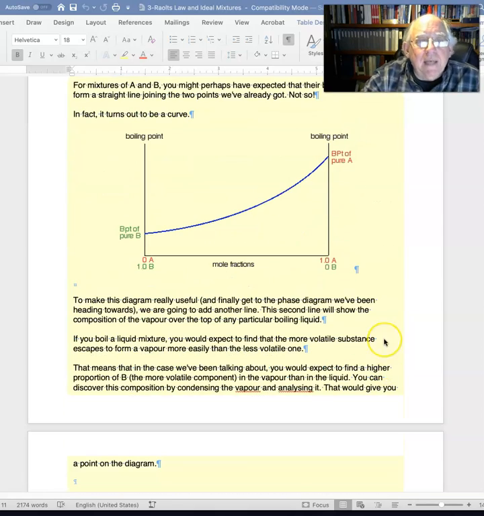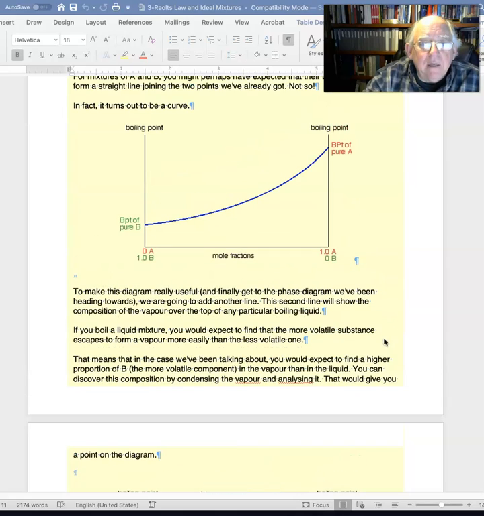Now, the next step is to decide what happens whenever we have a solution at a given mole fraction ratio. It has a boiling point, let's say right here. What is the condition of the vapor right above that surface?